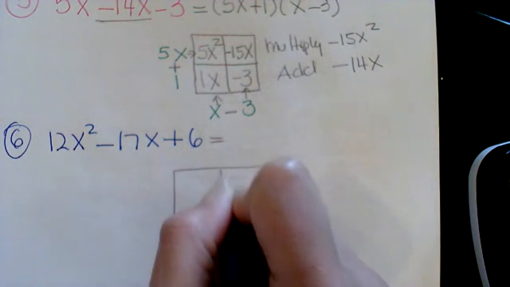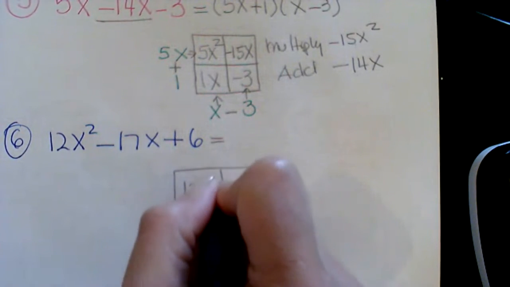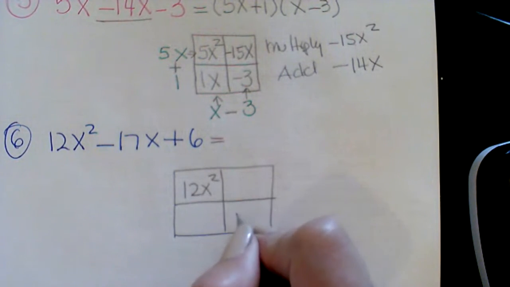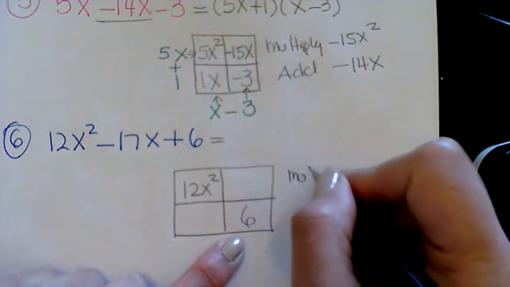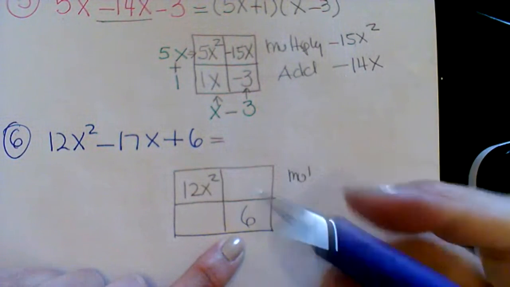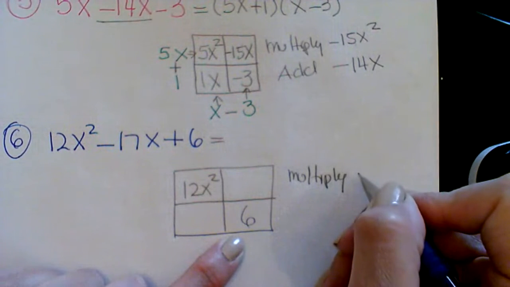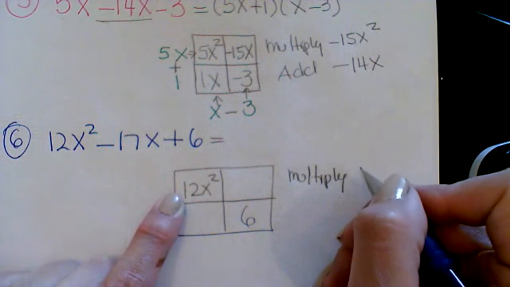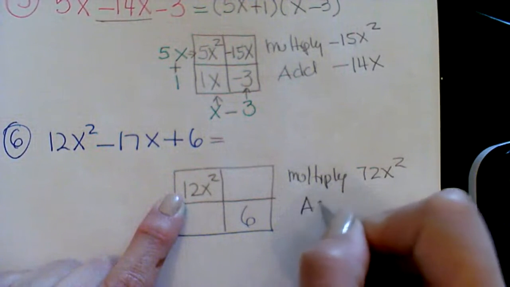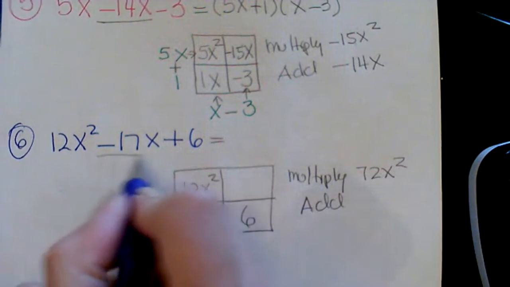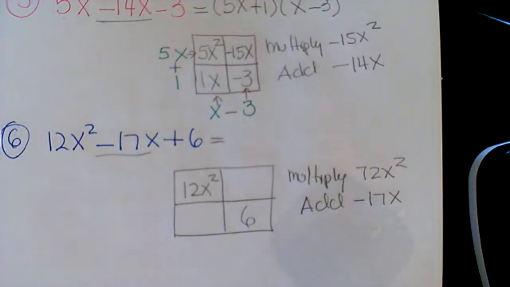the first term is going to go on the left side, upper corner, and lower corner. So when I multiply, oops, what do I get? 6 times 12 is 72x squared. And when I add, I get the middle term, negative 17x.